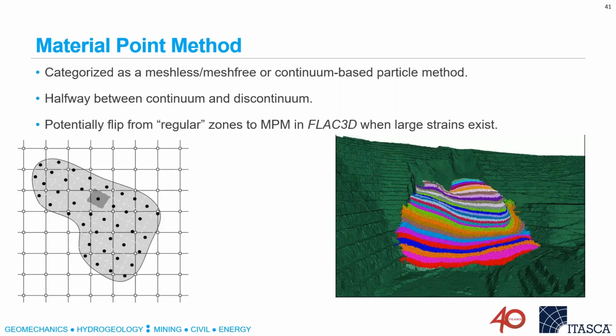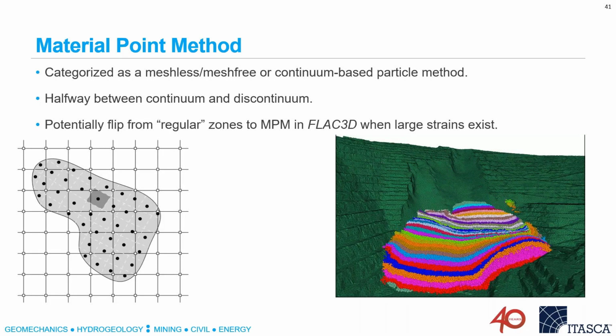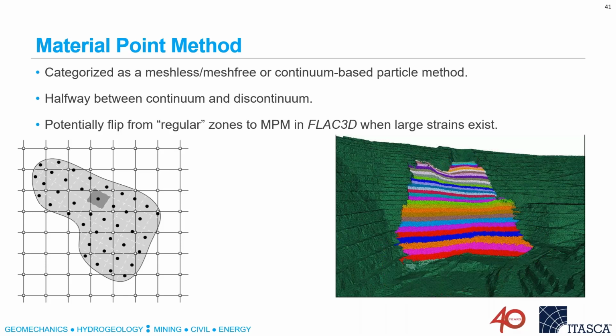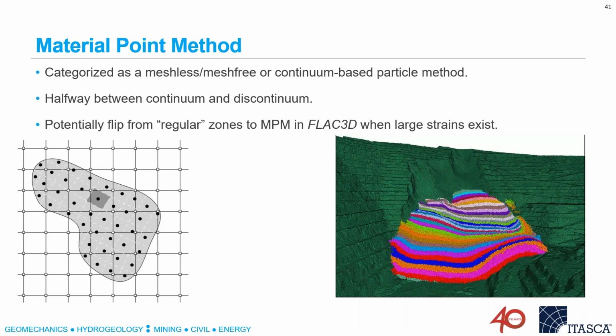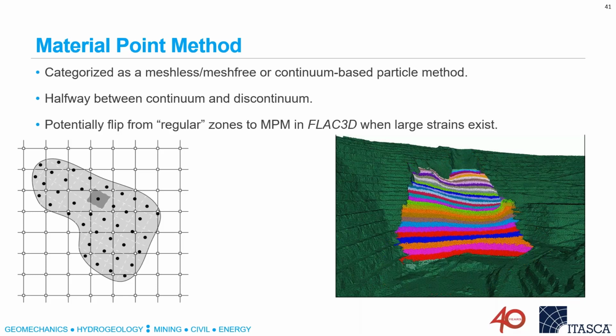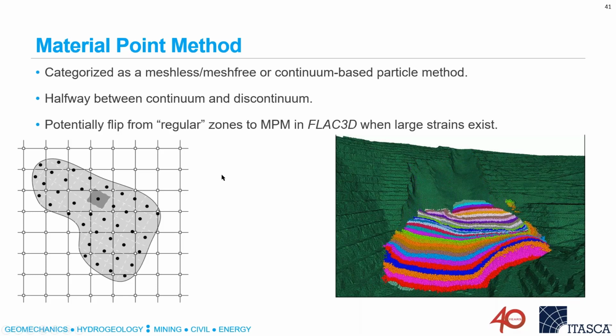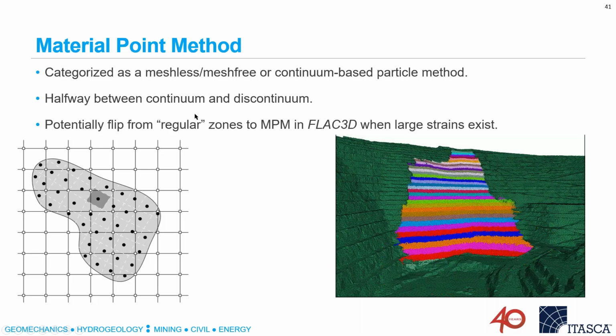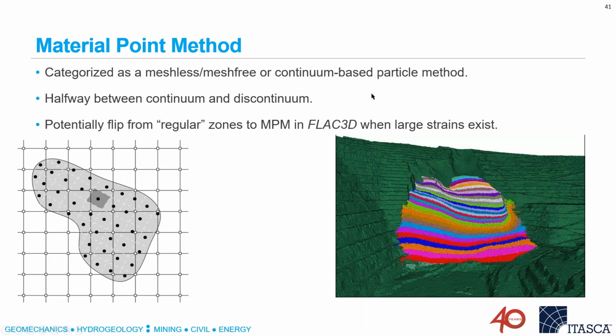So the last model I want to talk about is called the material point method, and it's categorized as a meshless or mesh-free or continuum-based particle method. And it's kind of halfway between a continuum and a discontinuum.